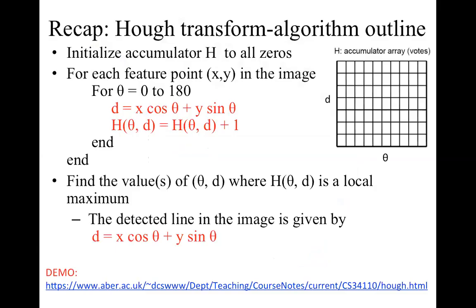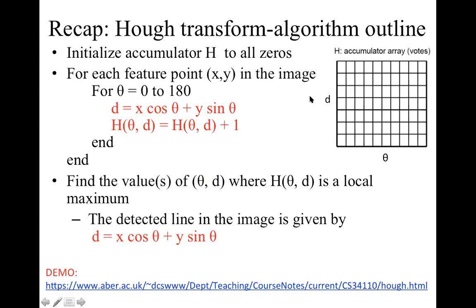We finished last time by giving an algorithm for detecting lines, basically finding the parameters d, theta from the accumulator array H that will have a local maximum of votes. There are a couple of versions.